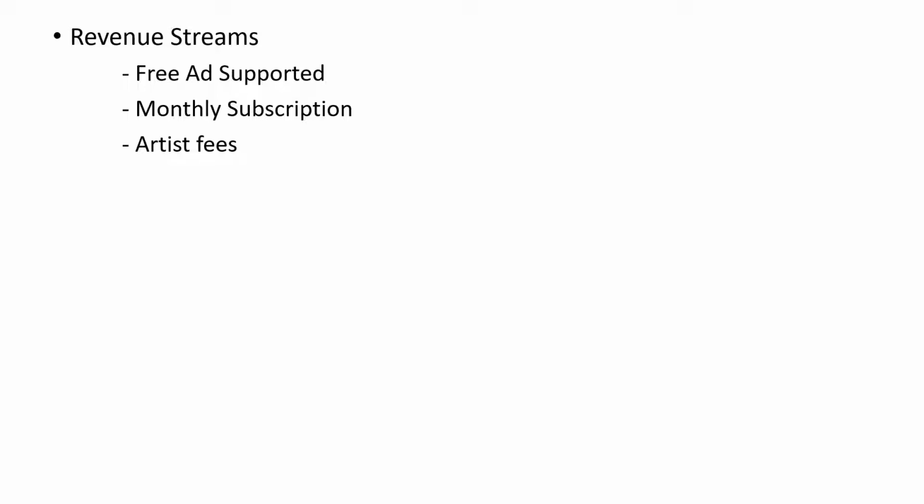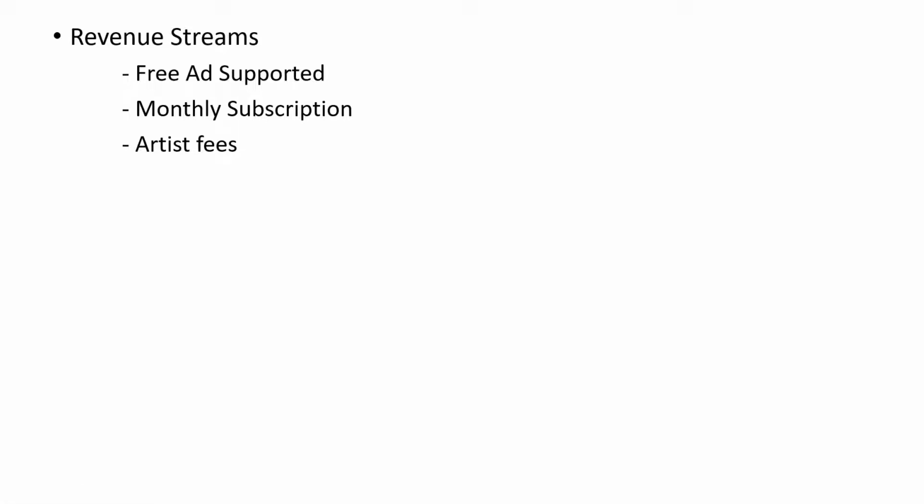And the second model, monthly subscription, where the user pays for a monthly subscription. Also we will see what advantages the subscribers have in upcoming slides. And third is artist fees. If someone is new or not that popular, then he has to pay to publish or add his music to the app. So these are the various key components.